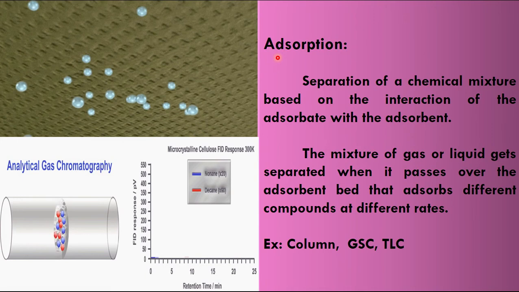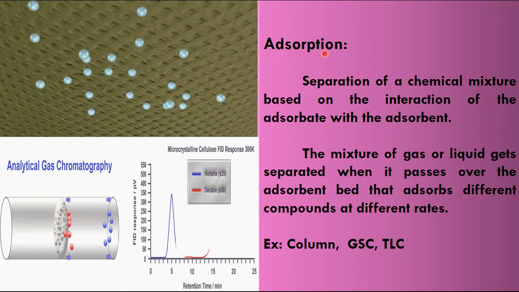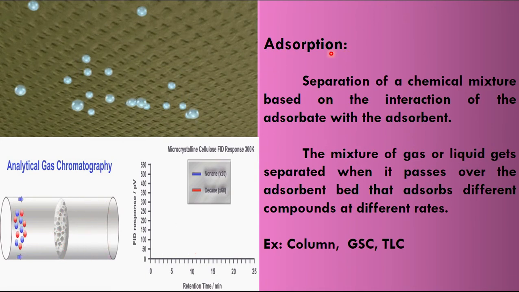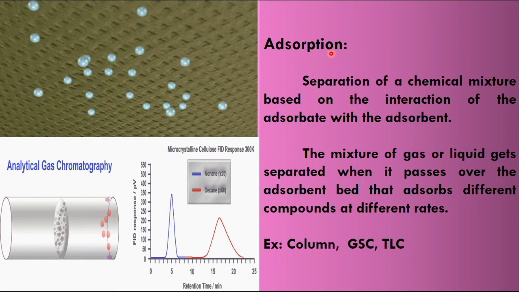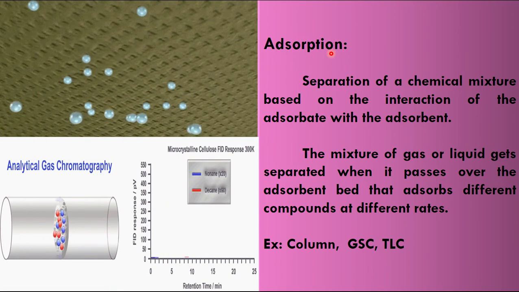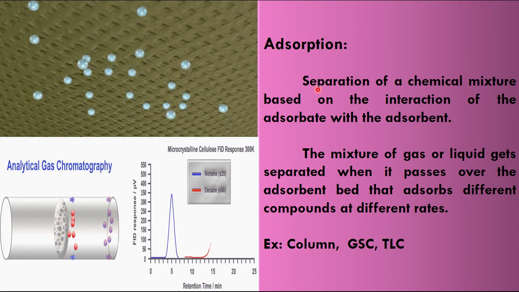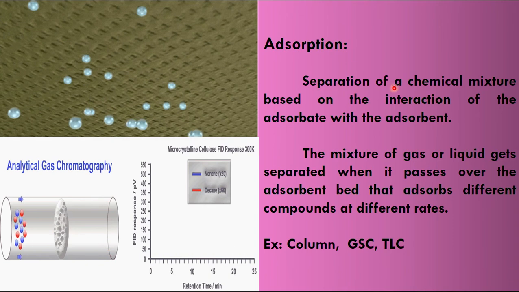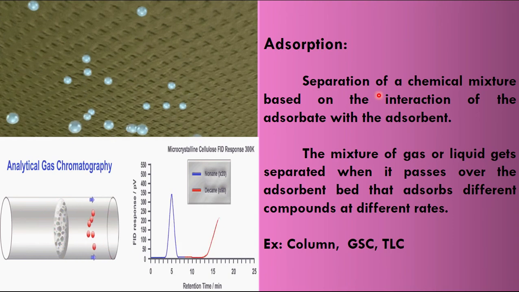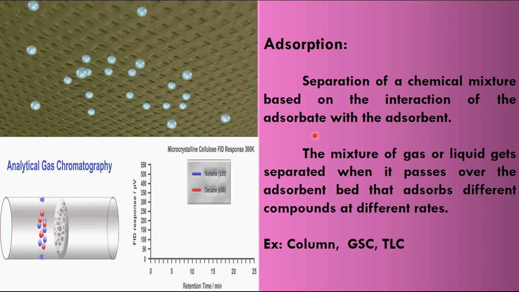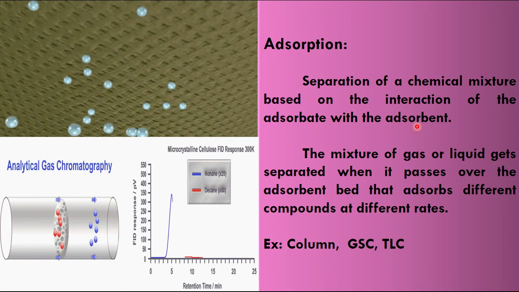First thing is adsorption. So the separation of particles takes place based on the adsorption process. In previous videos, we discussed the adsorption process, how it takes place. So, in this adsorption process, the separation of a mixture of components takes place based on the interaction between adsorbate and the adsorbent.